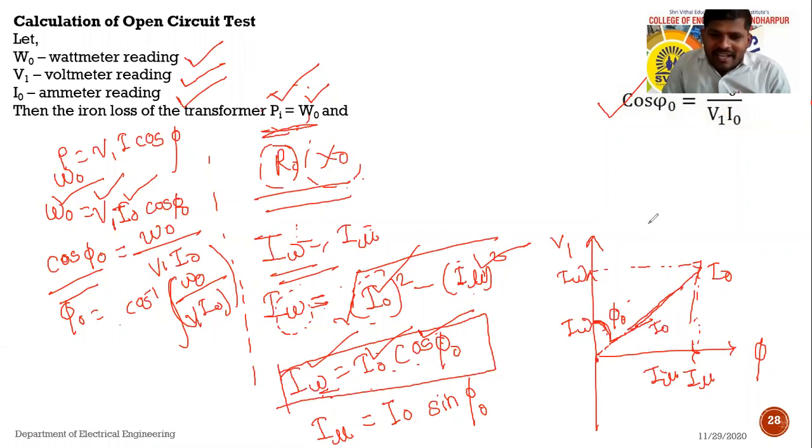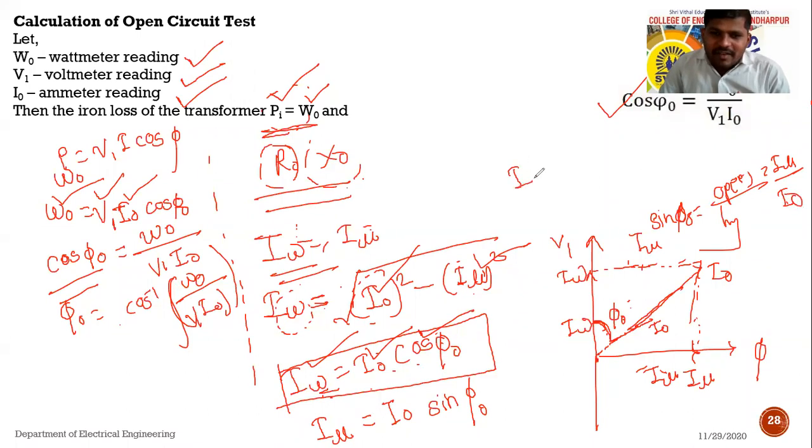So what is sin phi, or sin theta? Opposite side divided by hypotenuse, right? Now, which is the opposite side? This one side is nothing but I mu. So sin phi is equal to I mu divided by the hypotenuse, that is I0.